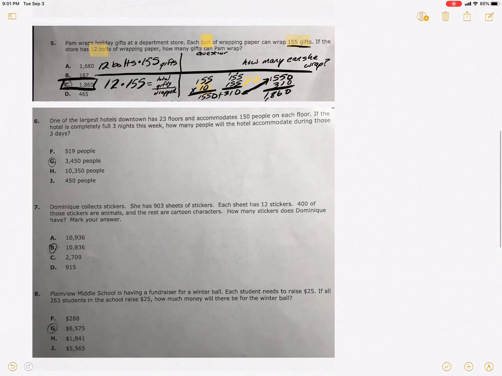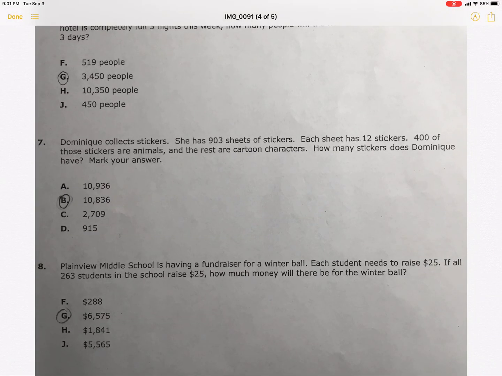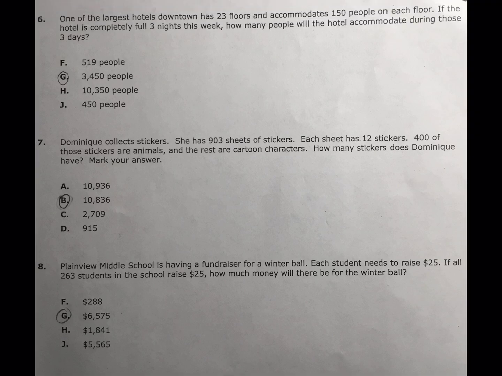Let's move on to number 6. One of the largest hotels downtown has 23 floors and accommodates 150 people on each floor. If the hotel is completely full for 3 nights this week, how many people will the hotel accommodate during these 3 days? I saw several interesting versions of how this question was solved.